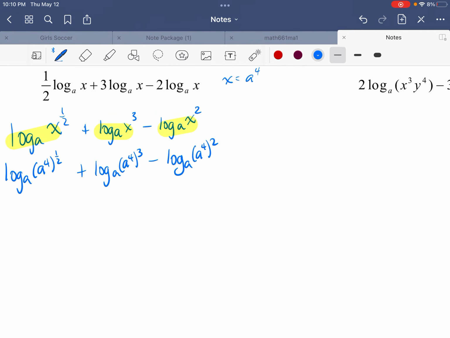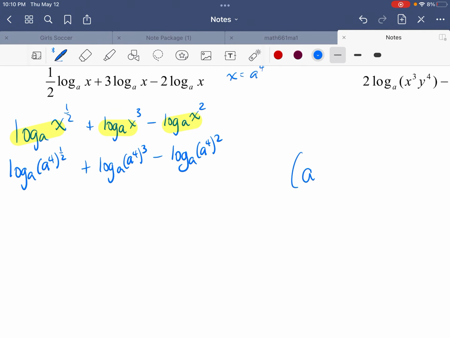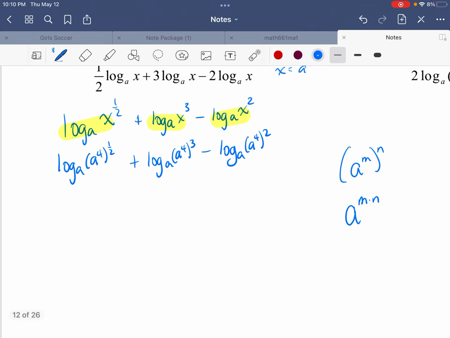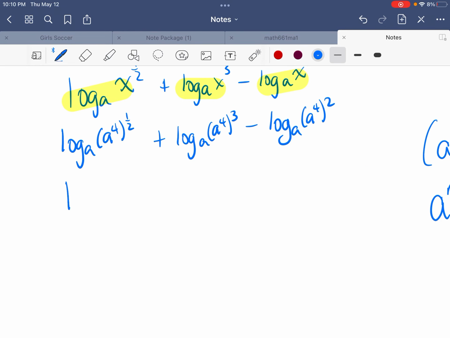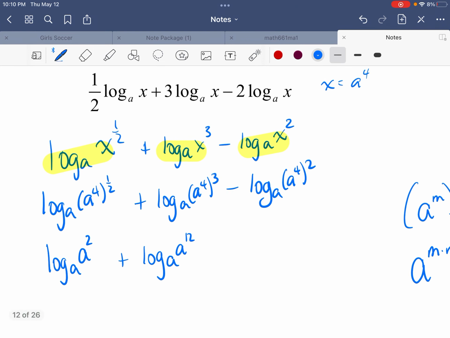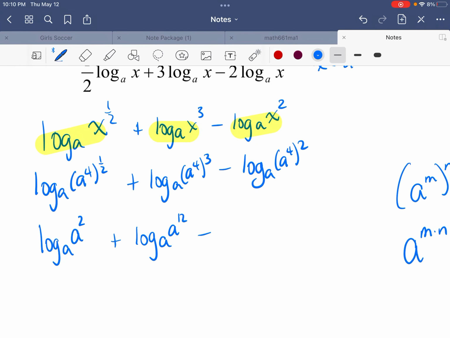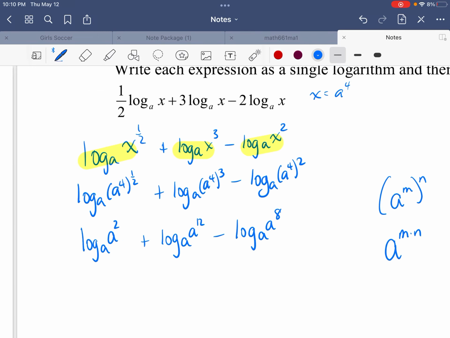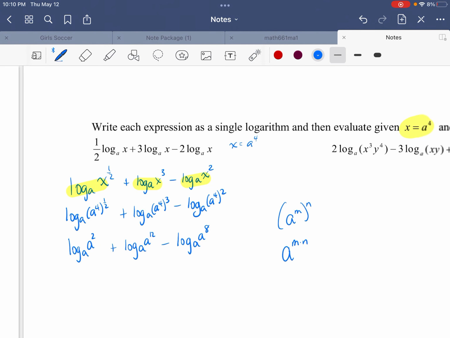Now just to review, power of a power rule says if we have a to the m raised to another power, we're going to multiply those two exponents. So we're going to do the same thing here. Log base a of a squared plus log base a of a^12 minus log base a of a^8.